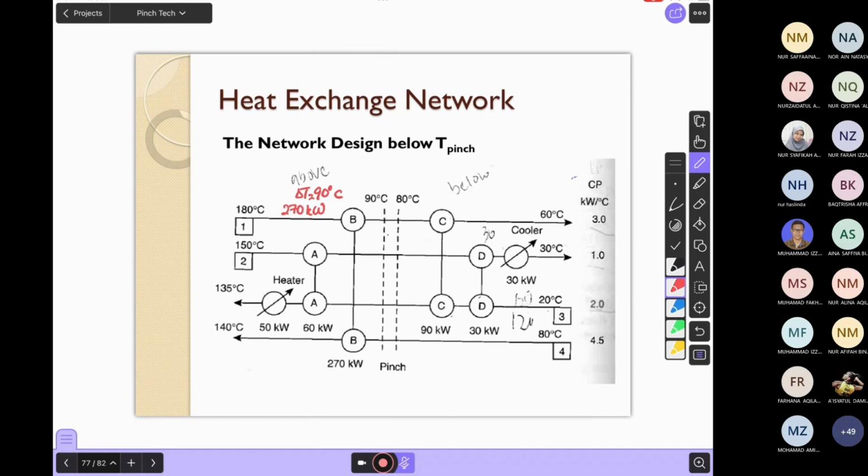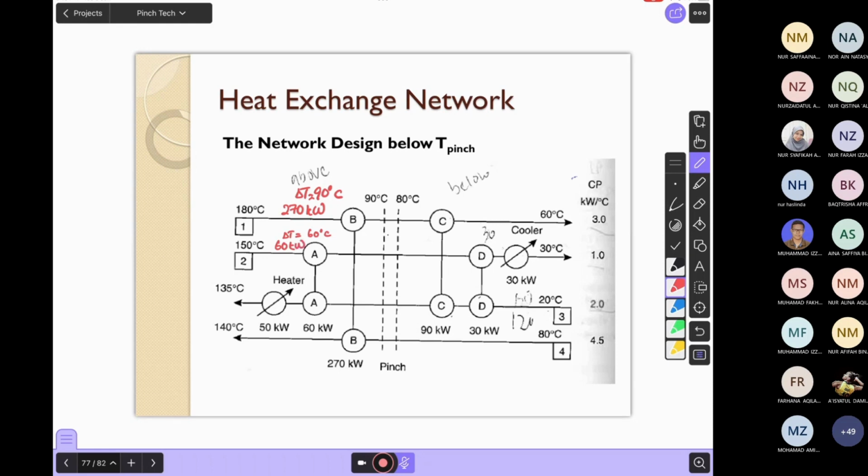Okay, we have to do it one by one. Now the next one. 90 degrees to 150 degrees. What is the change in temperature for stream number 2? 60 degrees Celsius. How many kilowatt? For stream number 2, you multiply by 1. 60 kilowatt.